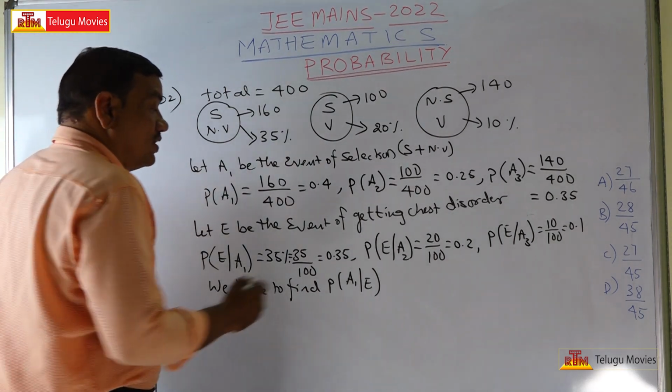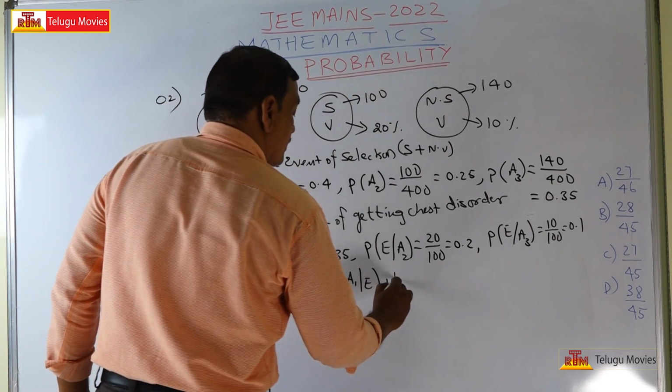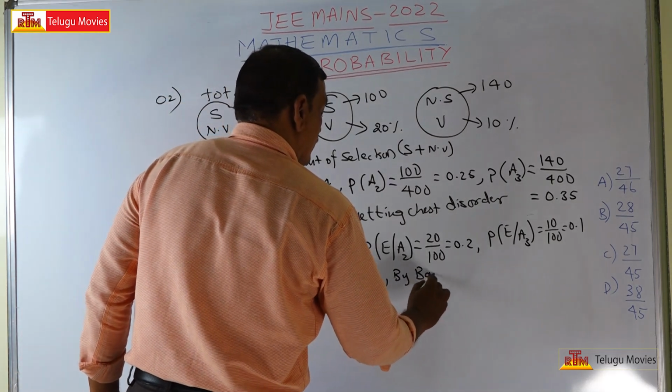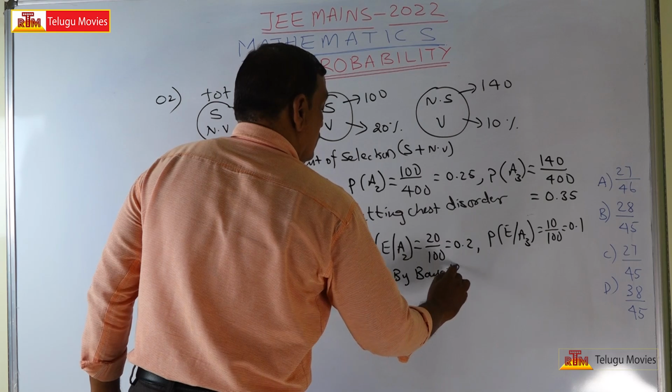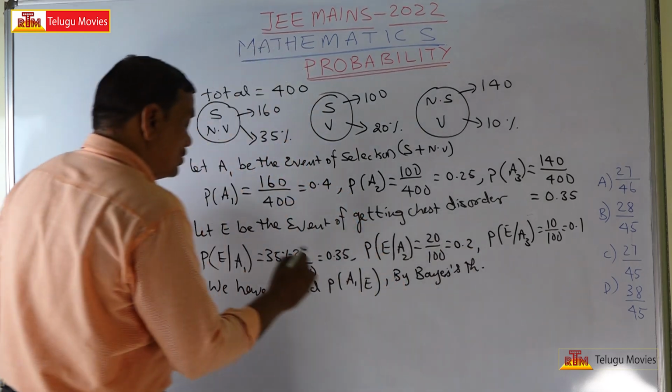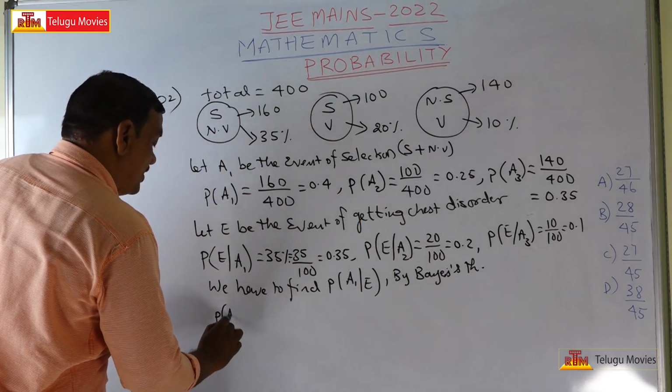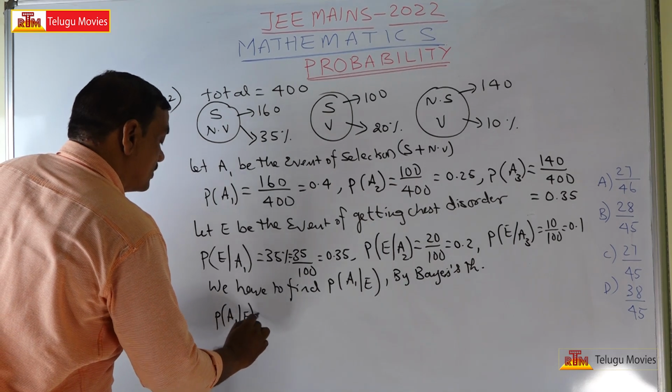So, therefore, by Bayes theorem, as we have just seen, what is the probability of A1 given E?